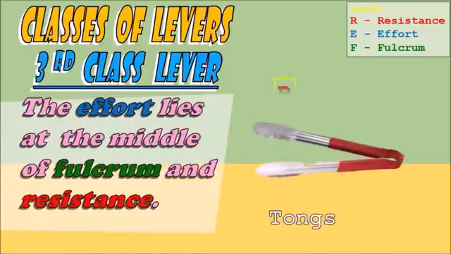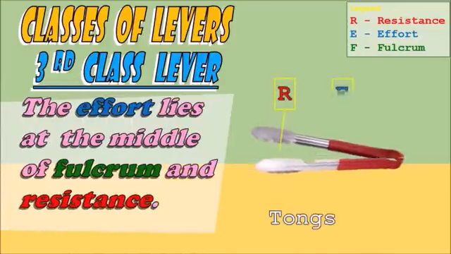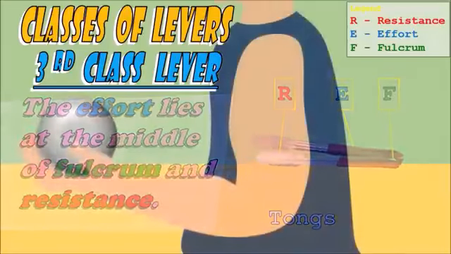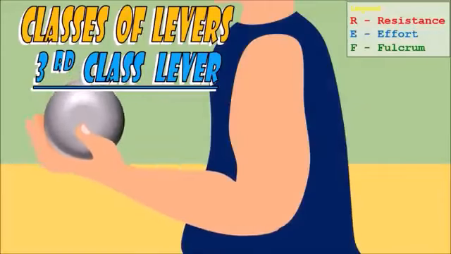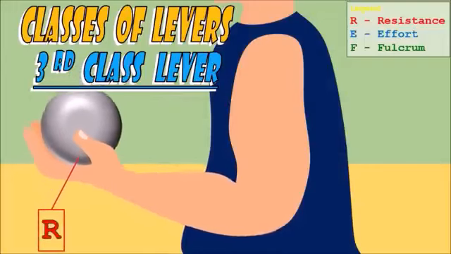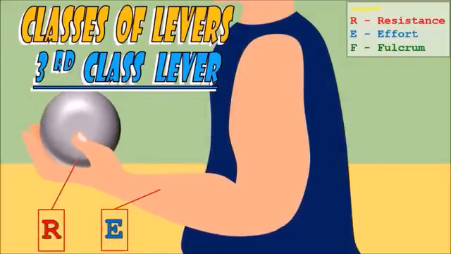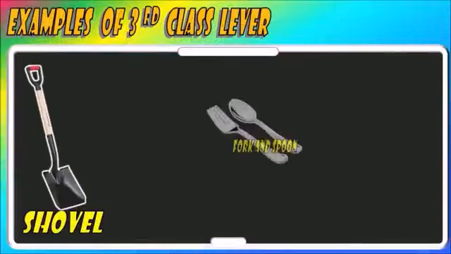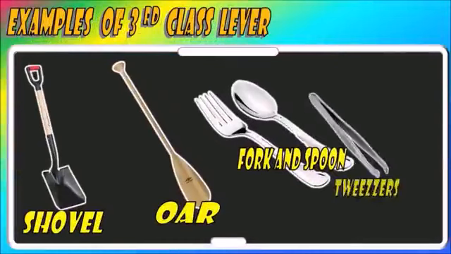For third class lever, the effort lies at the middle of fulcrum and resistance. Well, the third class lever is actually similar to a human forearm. Now here are other examples of third class lever.